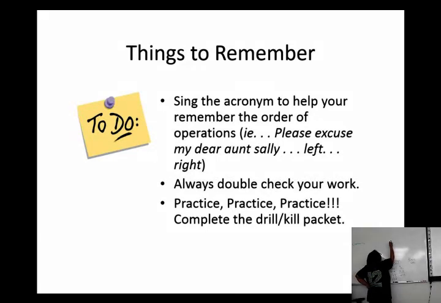Let's see, 3 to the third is 27. 4 to the third is 64. 5 to the third, what did we say that was? 125. 6 to the third, 6 times 6 is 36, 216. 7 to the third would be 7 times 7 is 49 times 7, 343.